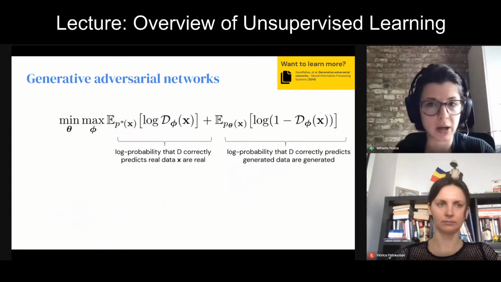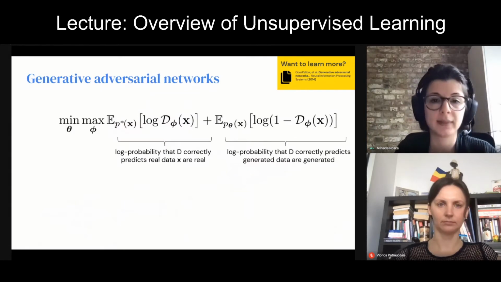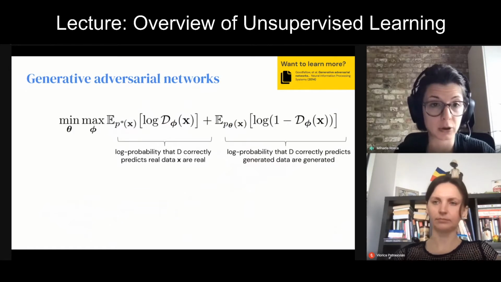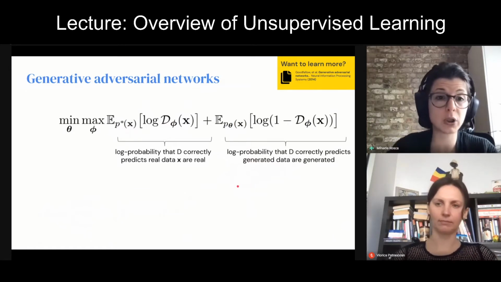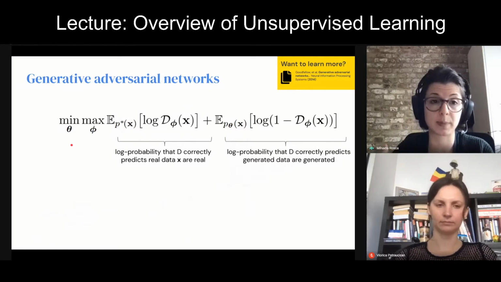Now, if we think about this mathematically, the original objective introduced in the original GAN paper looks like this. We no longer have only a minimization with respect to theta of a divergence, like we've seen in the KL case, but we also have a maximization from the perspective of the discriminator. So this is our mathematical way to formalize the cat and mouse game.